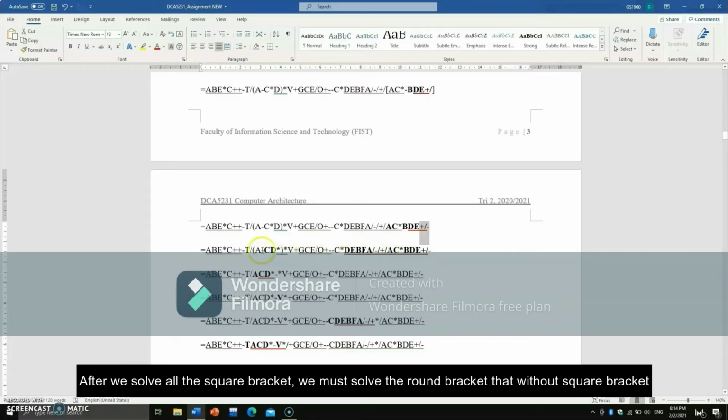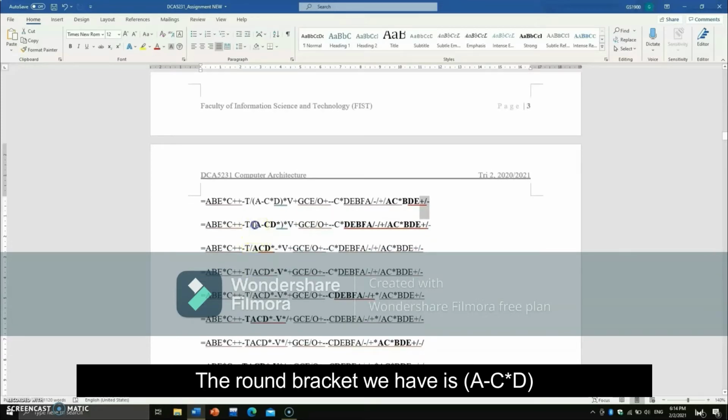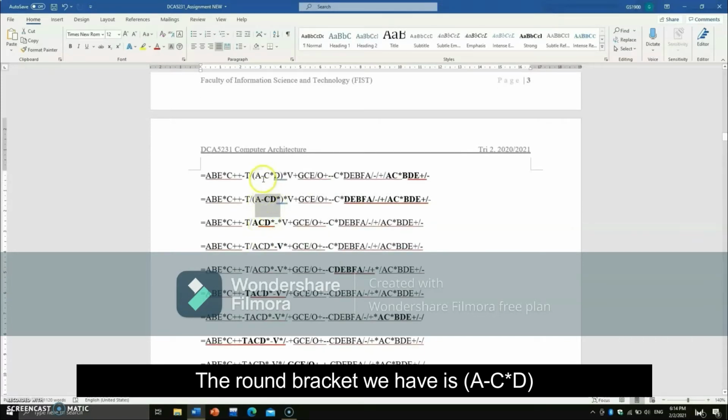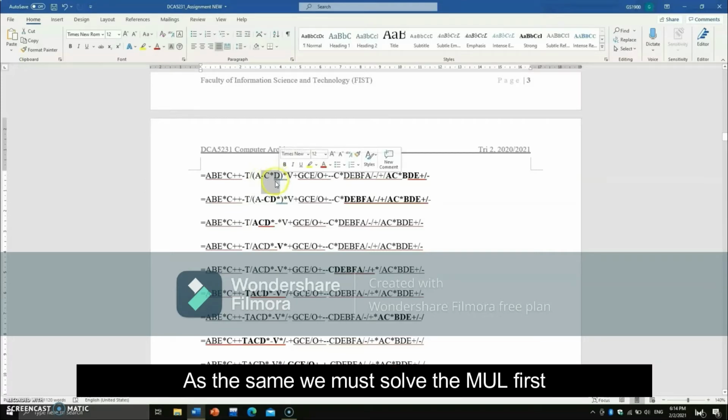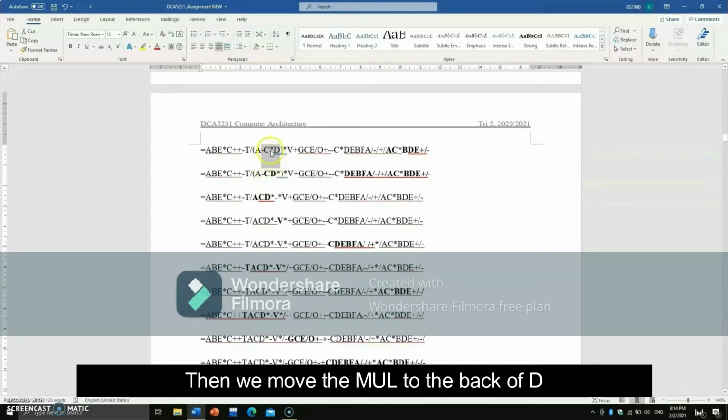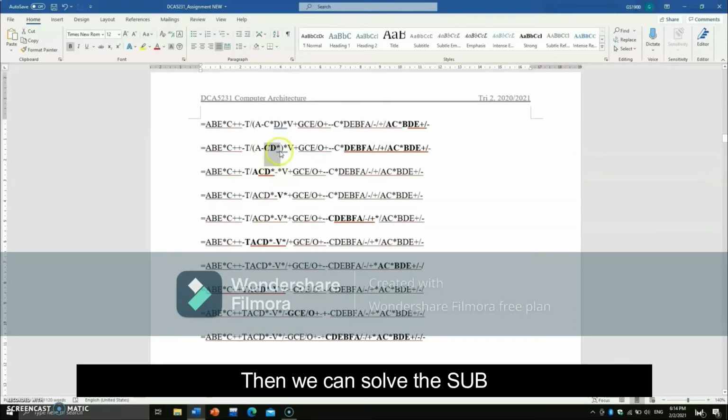After we solve all the square brackets, we must solve the round bracket that is without square bracket. In the round bracket, we have A subtract C multiply D. In the same way, we must solve the multiply first. Then we move the multiply to the back of D. Then we can solve the subtract.